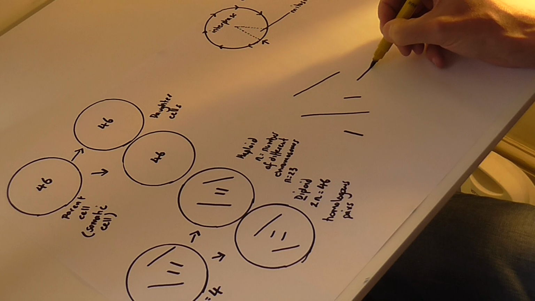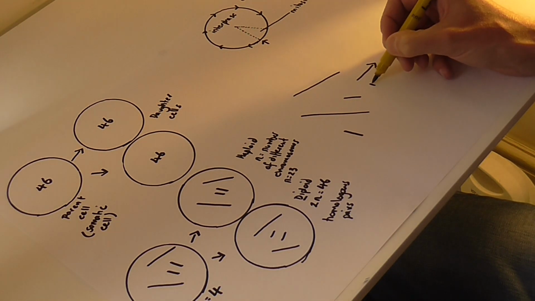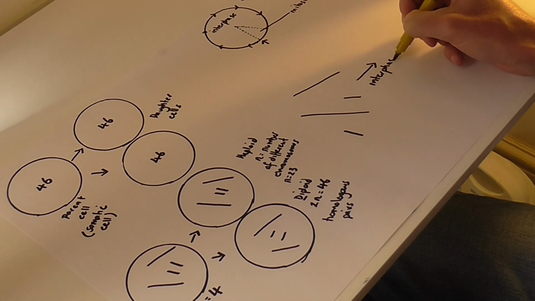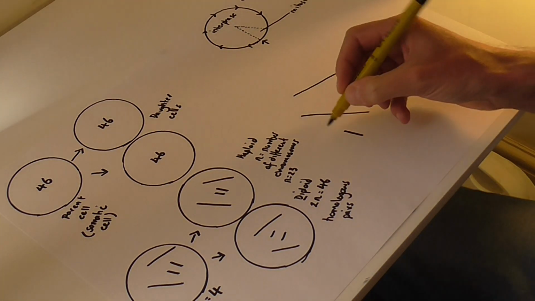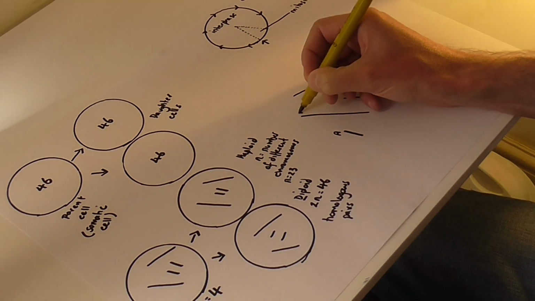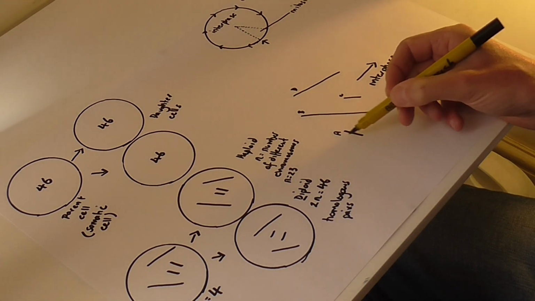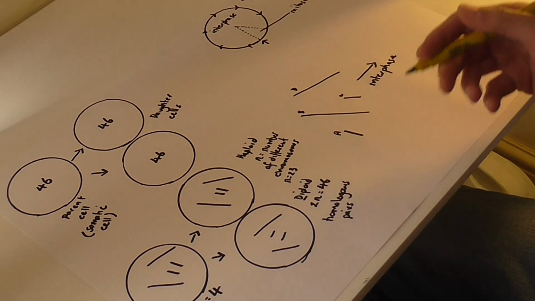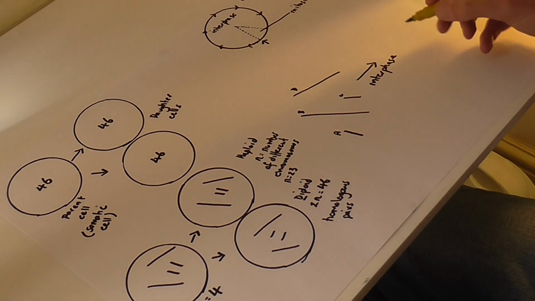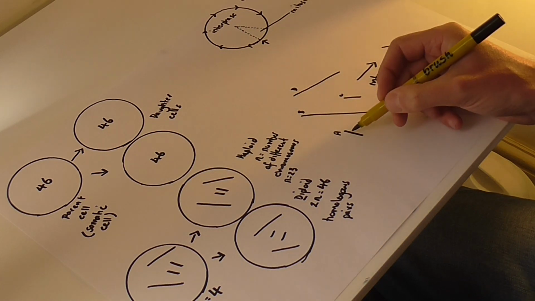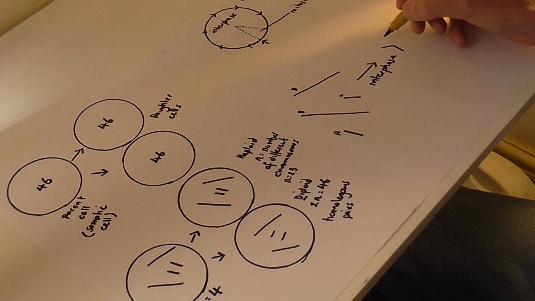What's going to happen then during interphase is that semi-conservative replication is going to take place. Now if I label these A, B, C and D, so chromosome A will undergo semi-conservative replication, and the chromosome therefore copies itself.